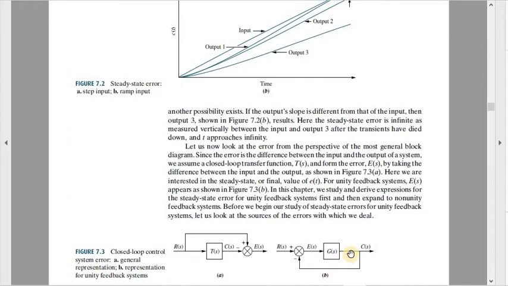So in most cases we discuss unit feedback. The formula we develop only works for unit feedback. If you have some sensor dynamics in the feedback, you have to include that and calculate it. You are not allowed to use the formula that is developed for unit feedback.